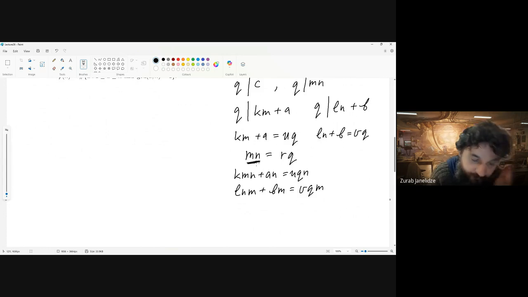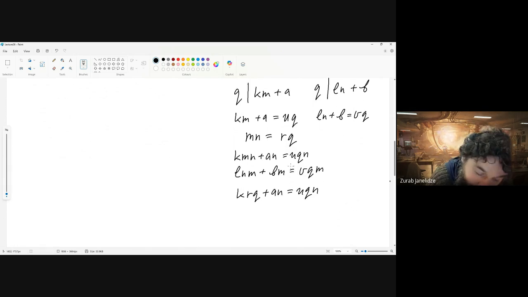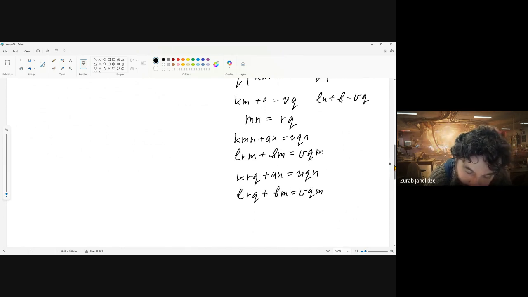Now here we can use the fact that Mn equals RQ. We'll get KRQ plus AN equals UQN. I think we're getting somewhere here. And then also substituting there, we get LRQ plus BM equals VQM, right?